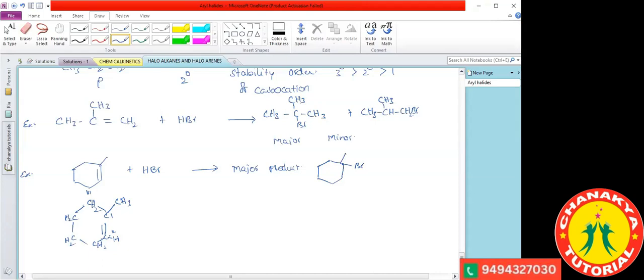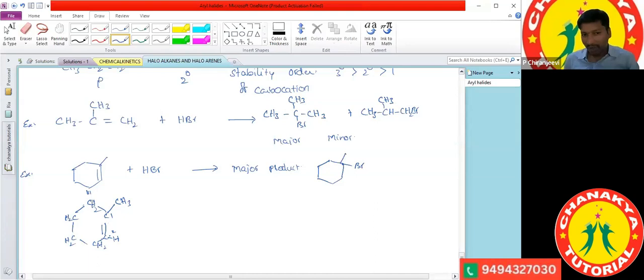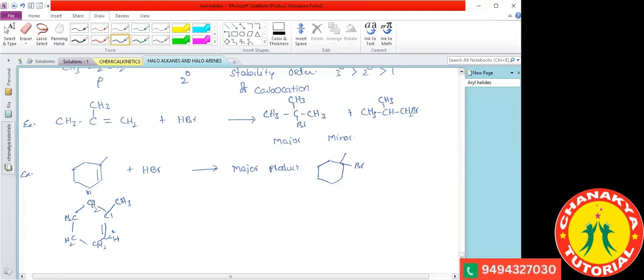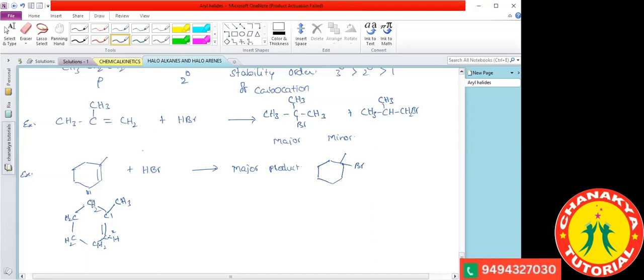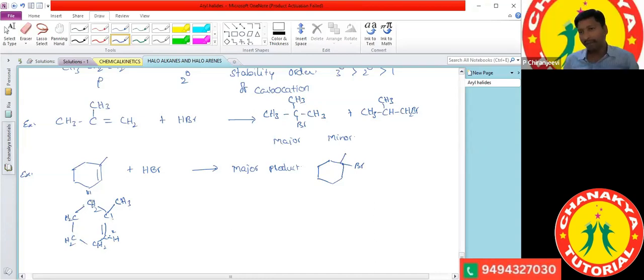At the first carbon atom, 0 hydrogens are there. Second carbon has only 1. The least number is 0. That is why bromine is going to be attached to the first carbon atom according to the Markovnikov rule. Now you got the clarity.